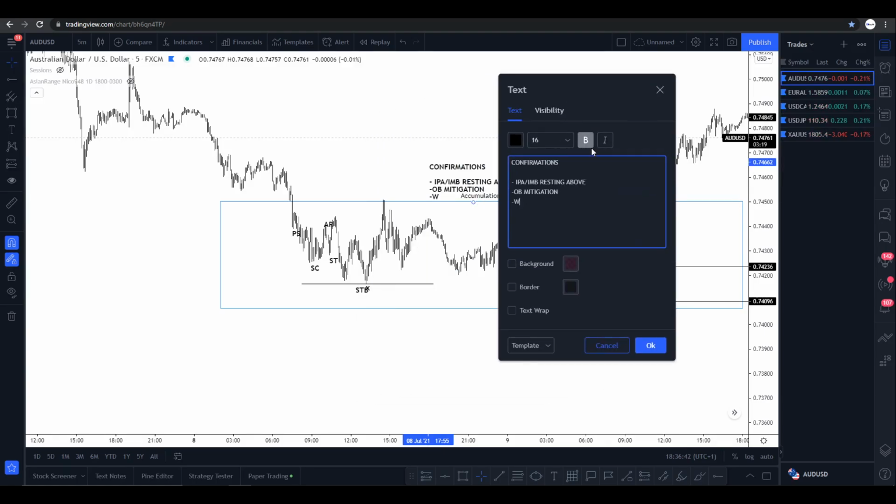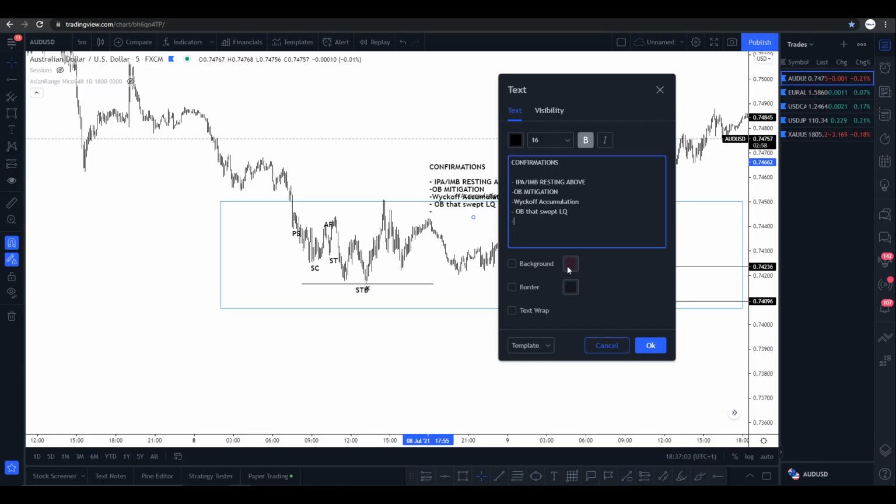Third confirmation, Wyckoff. Right, we have Wyckoff accumulation. Fourth confirmation, we have OB that swept LQ. Right over here, we have liquidity, equal lows, and the OB swept it. So this is a total of 4 confirmations.